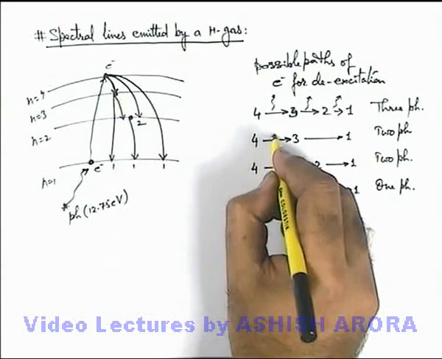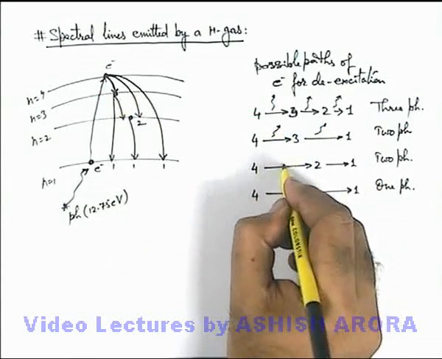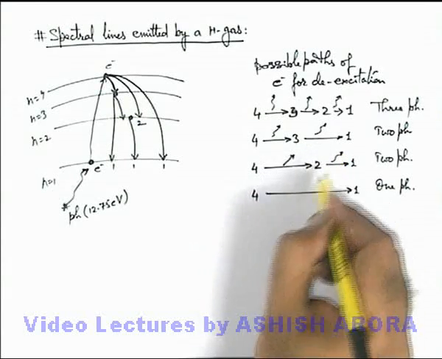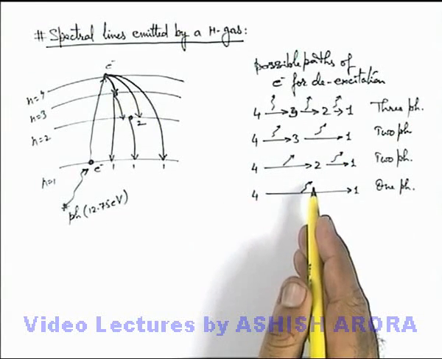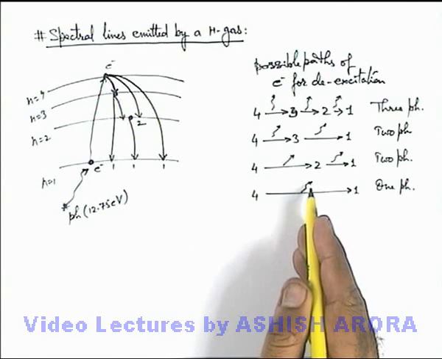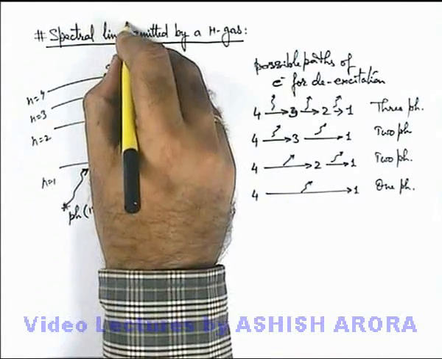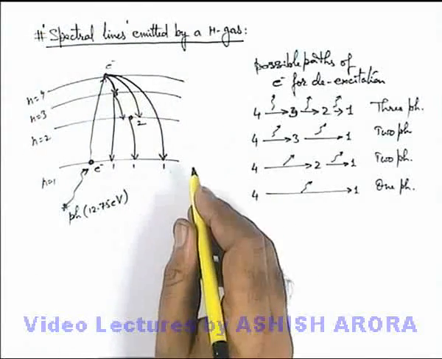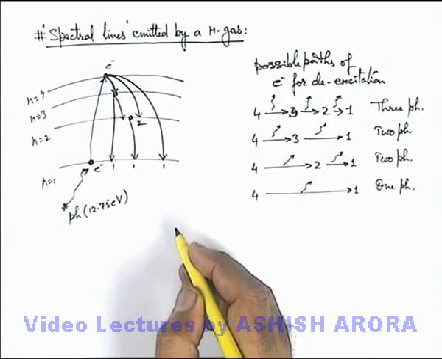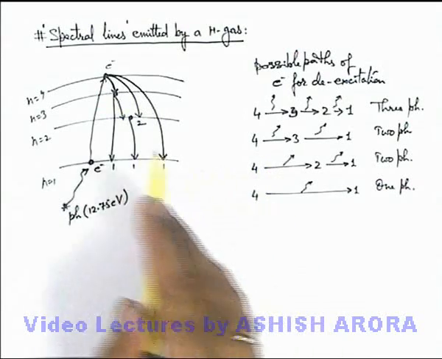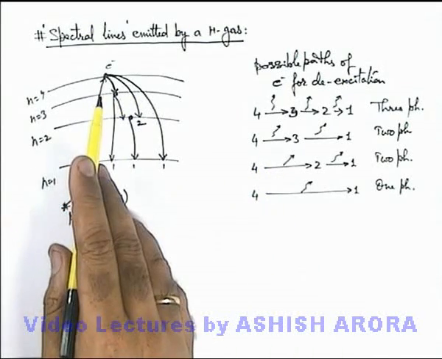If the photons emitted corresponding to each transition are passed through a spectrometer, in the spectrometer corresponding to each wavelength of a photon or electromagnetic radiation, a spectral line is plotted. So we are going to discuss the spectral lines emitted by a hydrogen gas or hydrogenic atoms, which depend on the number of states to which the electron is excited.